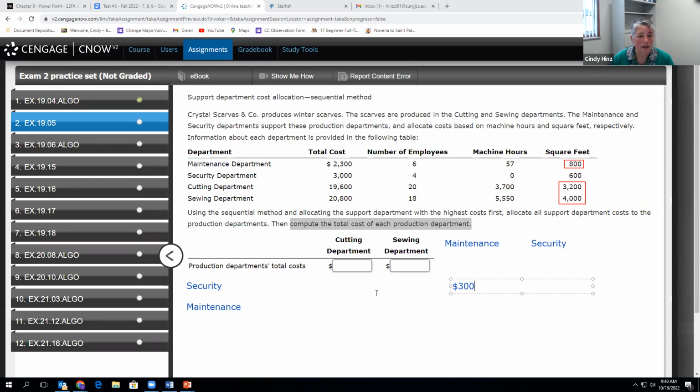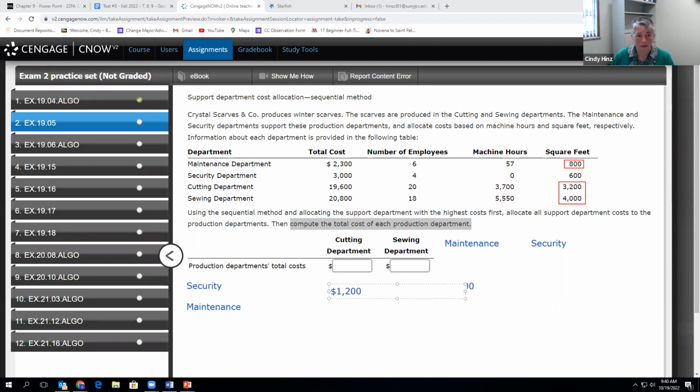And then we can allocate to the cutting department, that's 3,200 square feet divided by 8,000 total, then times the 3,000 cost, that's $1,200 being allocated from security to the cutting department.